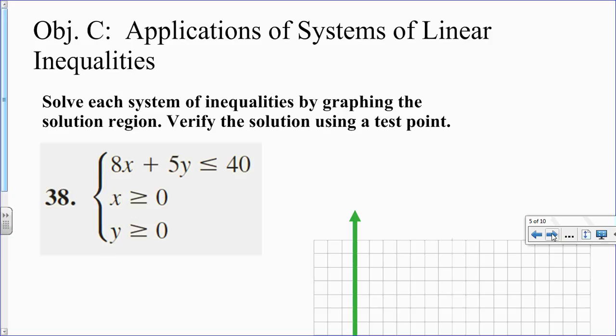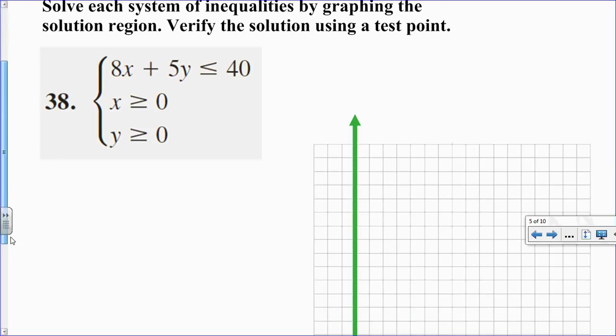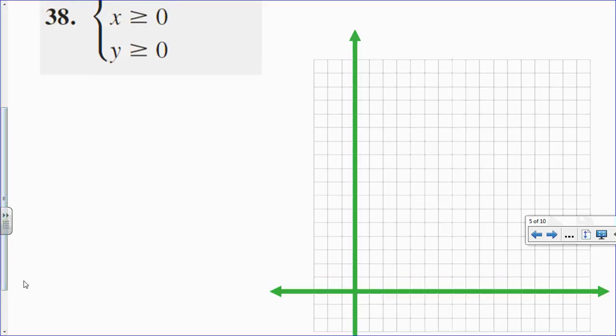The first thing I want to know is these two inequalities: x is greater than or equal to 0 and y is greater than or equal to 0. So that tells me x needs to be positive and y needs to be positive. That's why my axes look like this, because I'm only interested in what's in the first quadrant, where x and y are both positive.